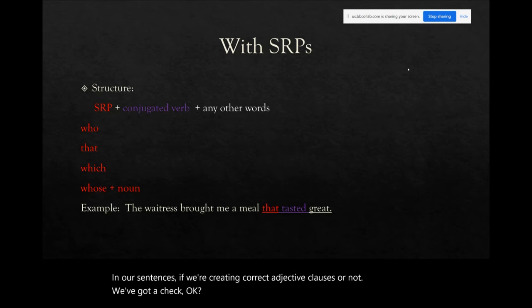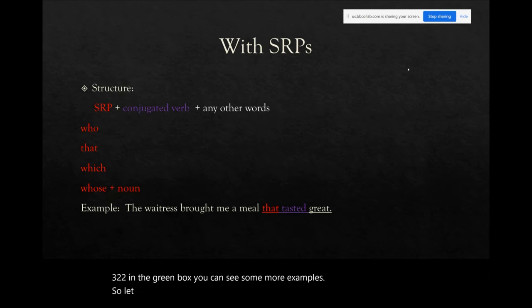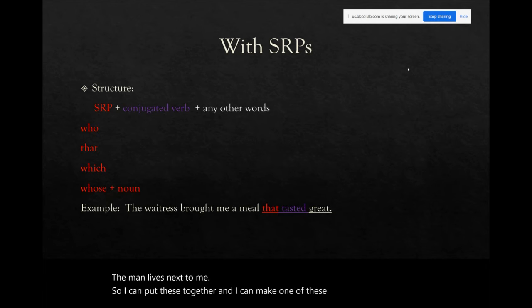Okay. Page 322 in the green box, you can see some more examples. So letter A, the man is friendly. The man lives next to me. So I can put these together and I can make one of these into an adjective clause.